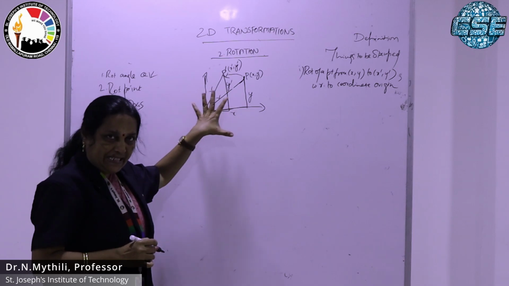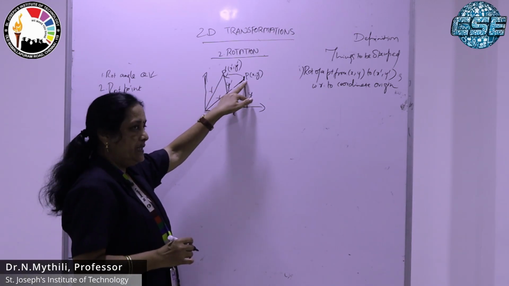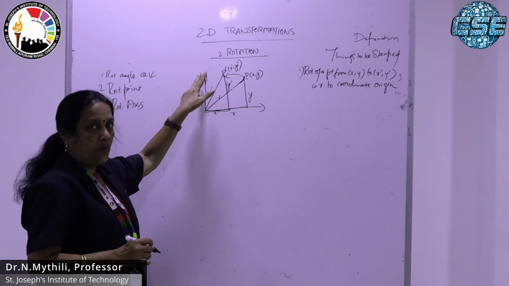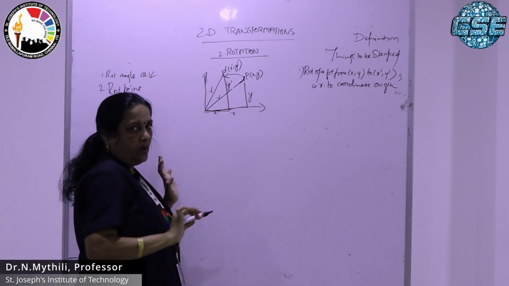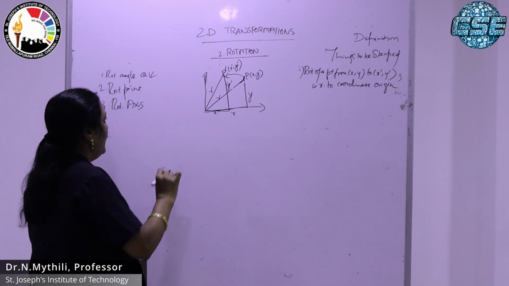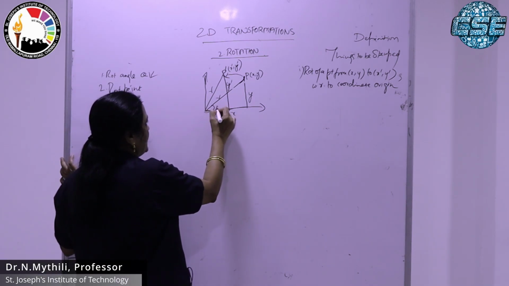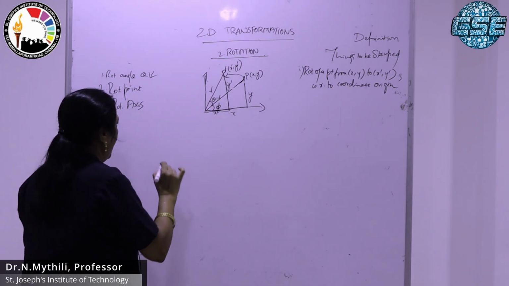Now from this diagram we have only 2 points. One is the original point and the other one is the transformed point, and I am making the triangle over these 2 points, right, to derive the rotation equation. Okay. Now here the angular position is phi and here the angular position is theta, right.